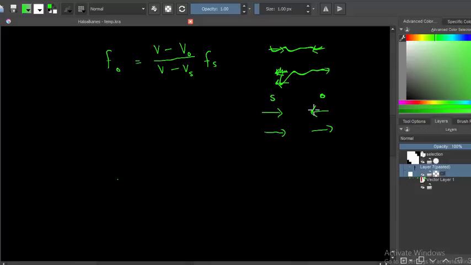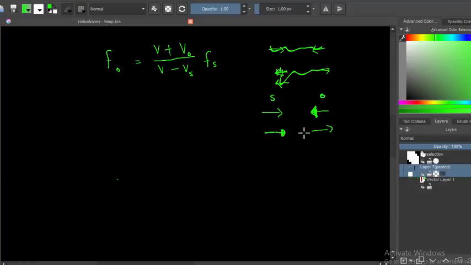If he is traveling towards the sound, they have opposite directions. I'm taking the velocity of the sound as positive, and since this one is in the opposite direction, I will make his velocity negative. In the bottom, the vehicle is stationary, so it doesn't make a difference.